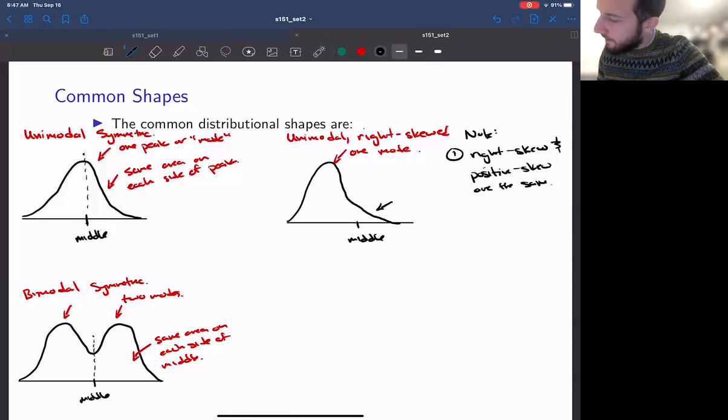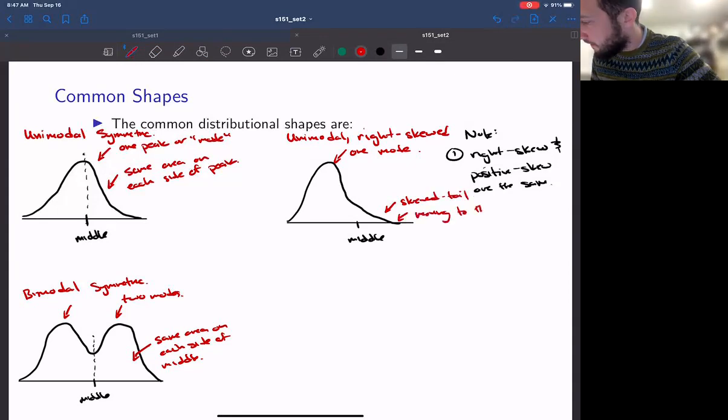So this part here, this is the skewed tail, okay? And it's moving to the right, or it's moving in the positive direction.